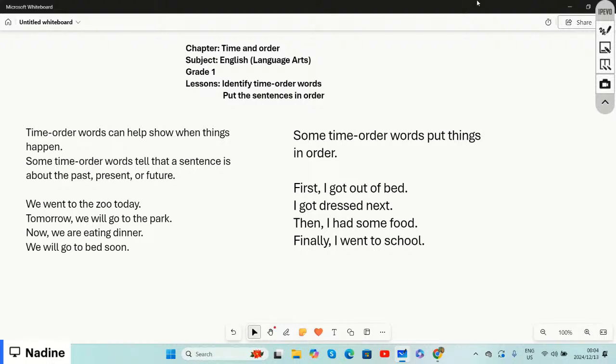And the lessons that we are going to be focusing on under the chapter of time and order are to identify time order words, and to put the sentences in order. So that is going to be our lessons for today under our chapter of time and order.